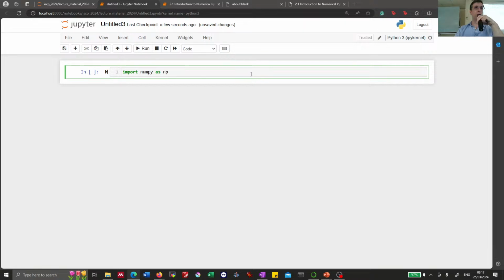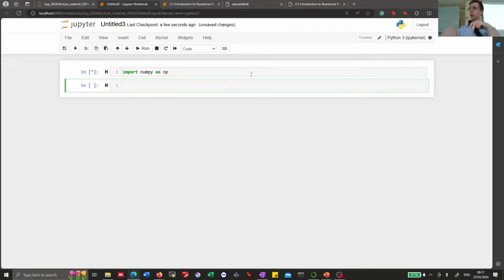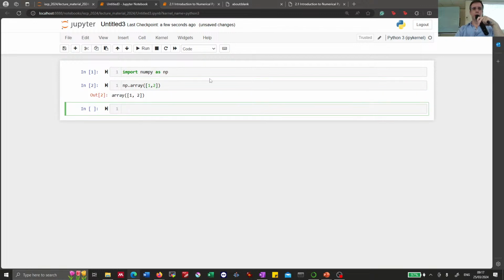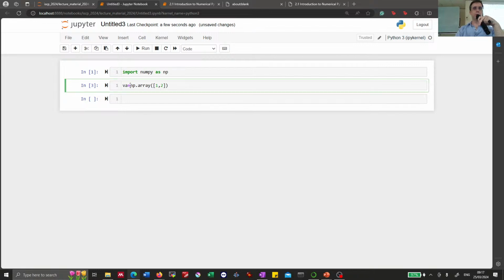First, we always import the module, numpy. And then we need a simple vector, for instance, 1, 2, right? So this vector we call vector A. So far, so good. Then we can say vector A equals vector B.